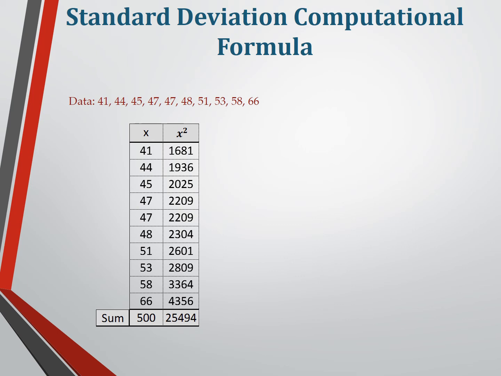When we added up all the x's, we get 500. When we add up all the x squares, we get 25,494. From a notational point of view, the first column is written the summation of x, and it's equal to 500. And the second column is the summation of x squared, which is equal to 25,494.